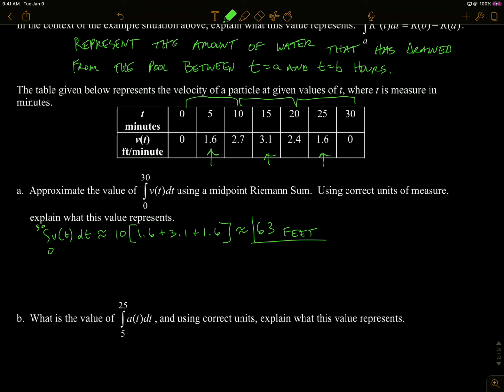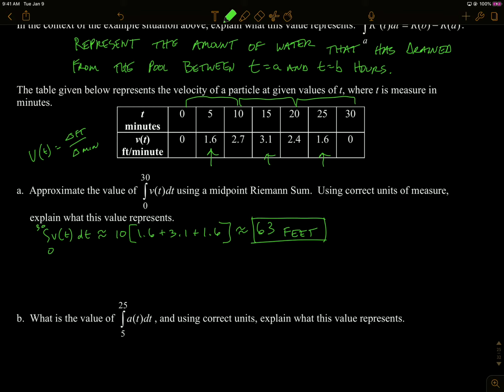Now remember, the units is feet, okay? Because now we're integrating velocity, which is a rate, feet per minute. We kind of lose the minutes. We're just doing the feet. We're just doing the change in y. All right, v of t is change in feet over change in minutes, right? That's feet per minute.